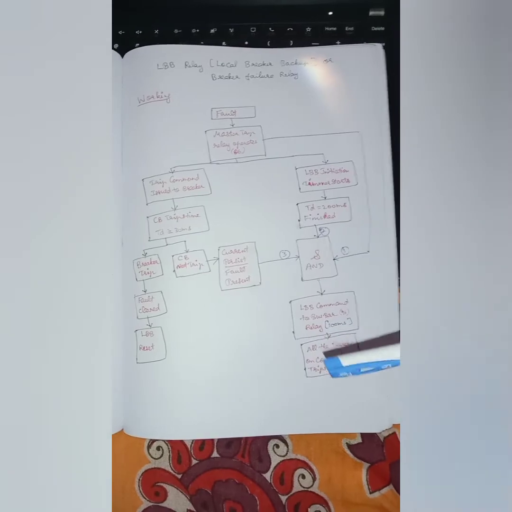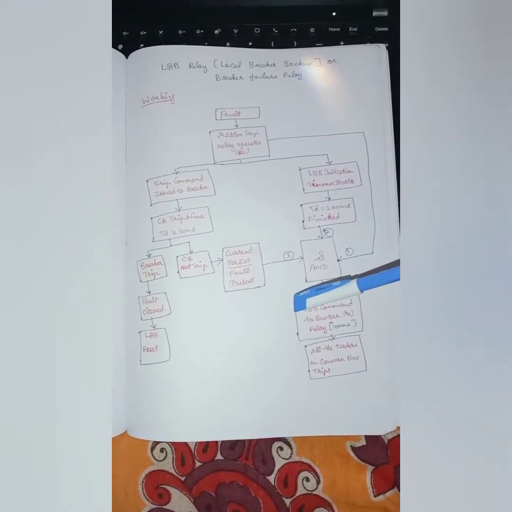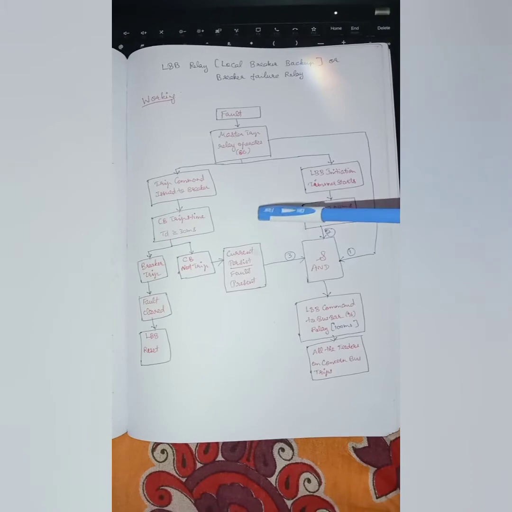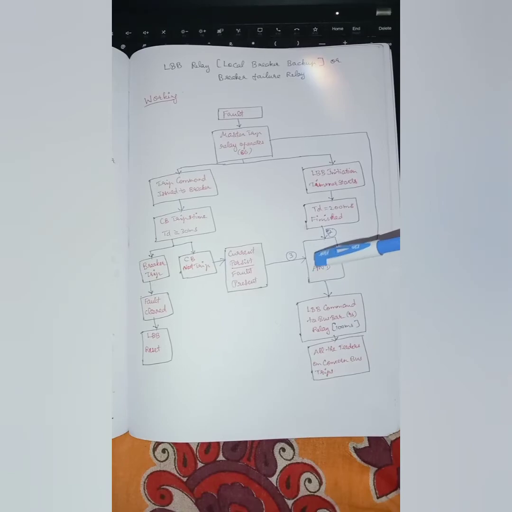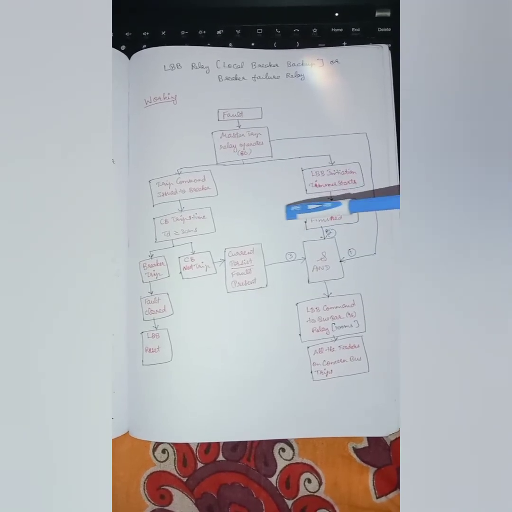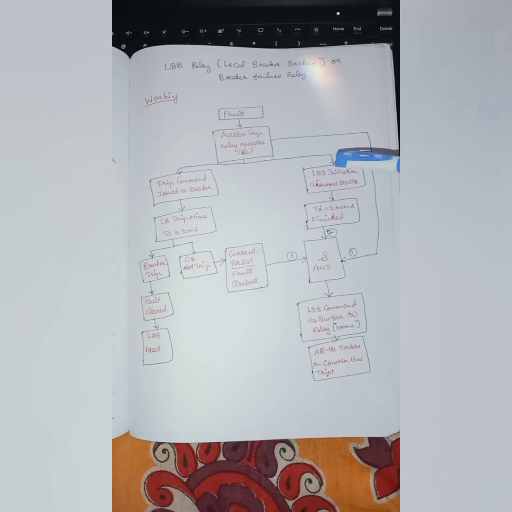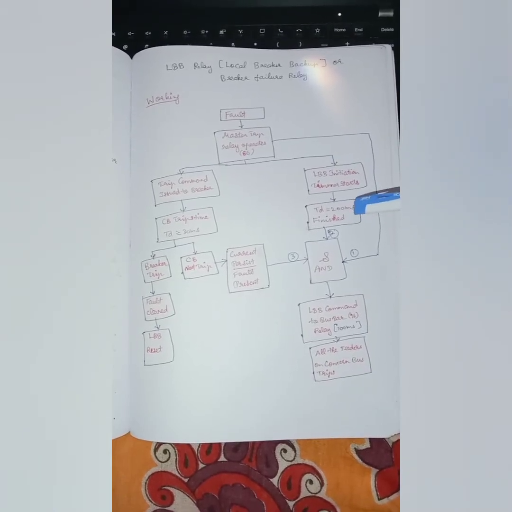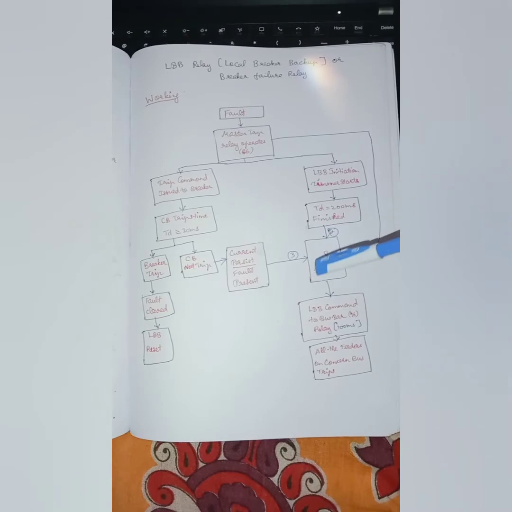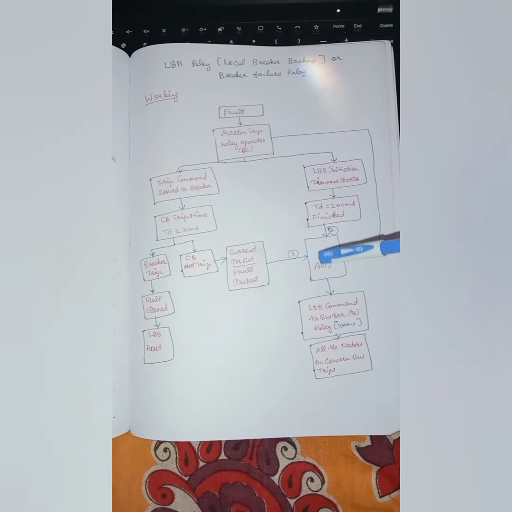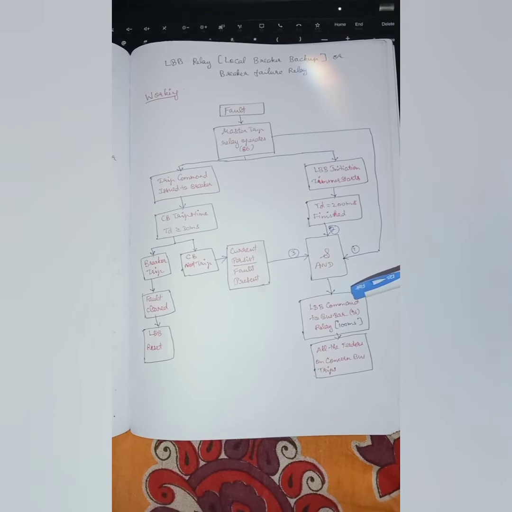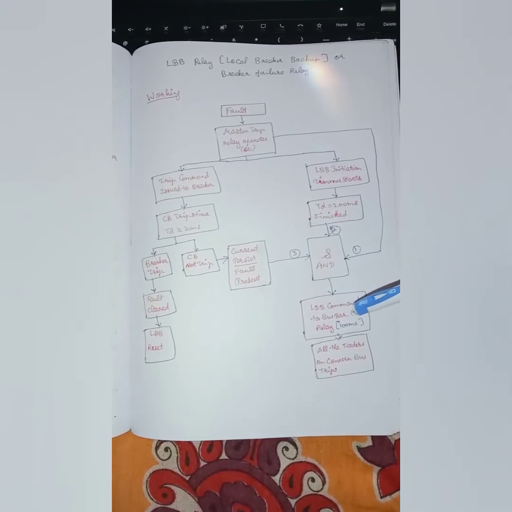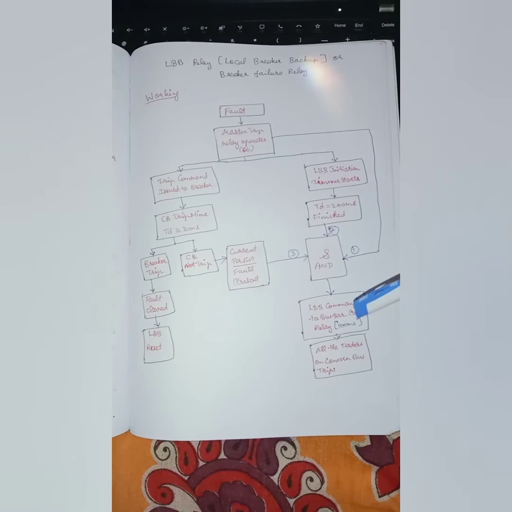If the persisting fault is isolated by your normal bus bar relay, then automatically the initiation will be stopped, which means only the LBB initiation of 200 milliseconds will be done, and in that case it will not satisfy your logic. Whenever the fault persists, all the logics get satisfied, and the LBB command to your bus bar relay will be given within 100 milliseconds.